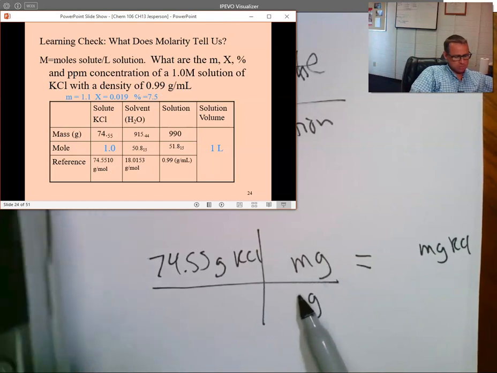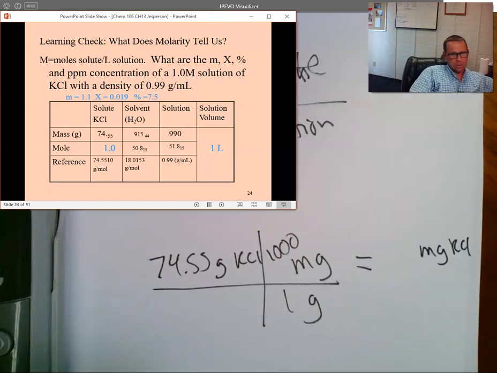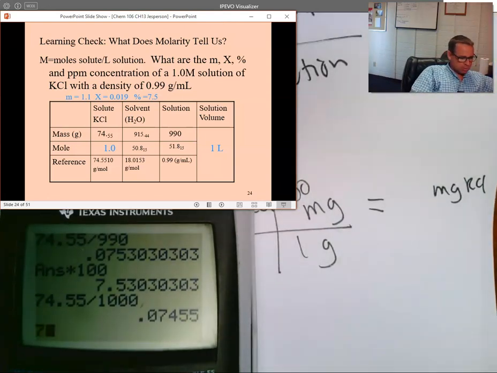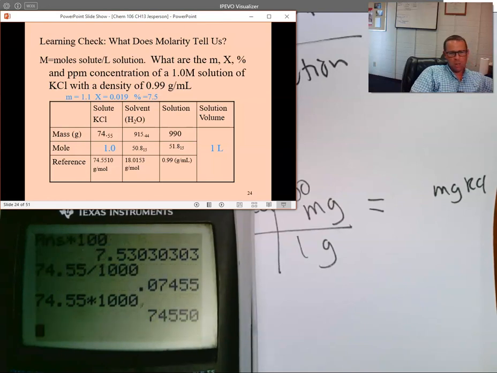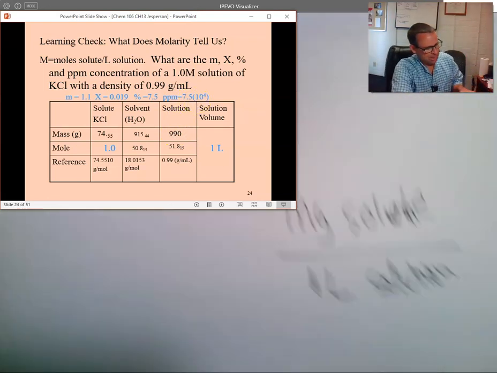What's our relationship then? Okay, so we got to multiply it by 1,000. Okay, so 74.55 times 1,000, and then divide by 1. So our 74,550. Very good. My bad. That's fine. So our parts per million is 7.5 times 10 to the 4th. Okay. Excellent work.